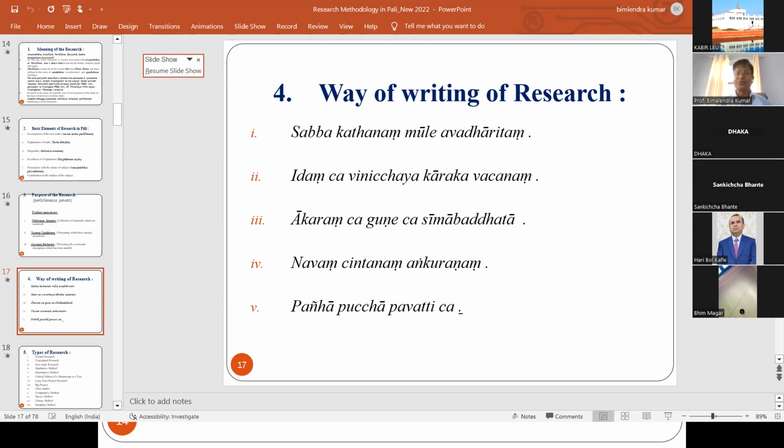The second way of writing research is that whatever you are writing must be investigated, just like an advocate or a pleader. If you go to court, you will see that there are two sides where the advocates are pleading their cases for their clients.